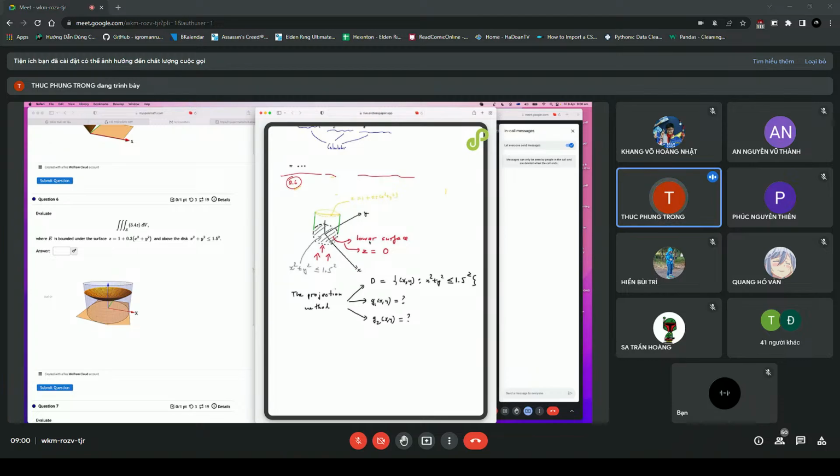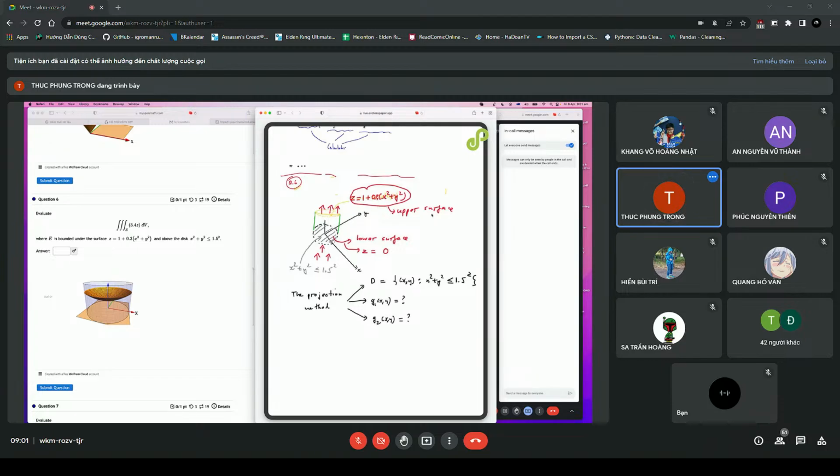So that's the lower surface, and then we go inside until we go out, and we can see we always go out from the paraboloid, right? So the upper surface should be the paraboloid, and the equation in the form z equals something of x, y is obviously from the equation of the paraboloid: z equals 1 plus 0.3 times x squared plus y squared.